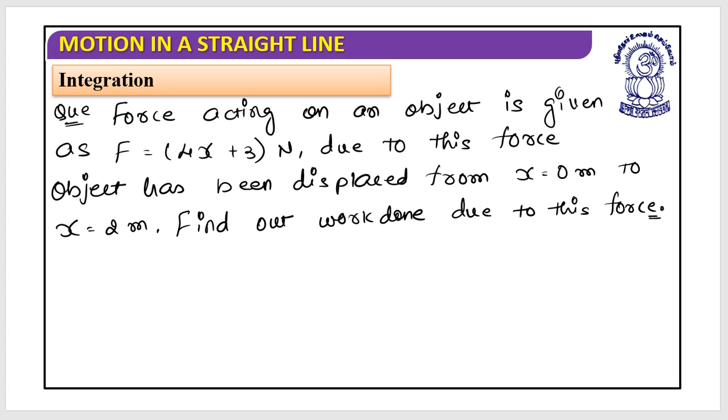Go through this data very carefully. Go through it. What is given and what they require. What they have given is the force. They have provided that due to this force, the object has been displaced from x equals 0 to x equals 2 meter, and they want me to find out the work done.